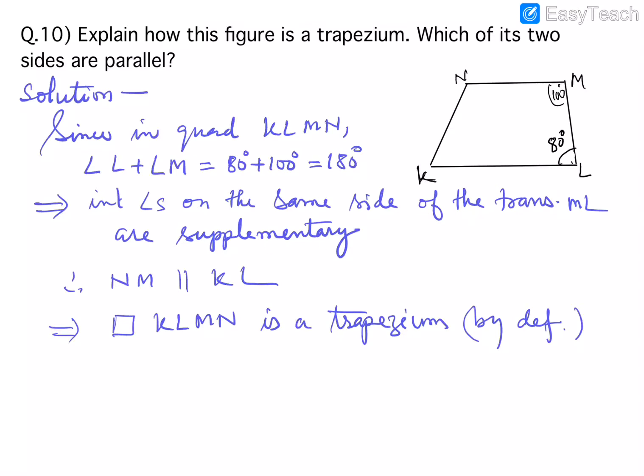So we can say that NM is parallel to KL, because the sum of these two angles is 180 by the property of two lines and a transversal for them.